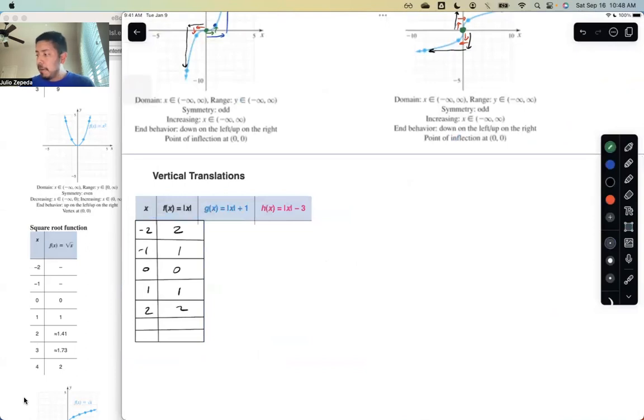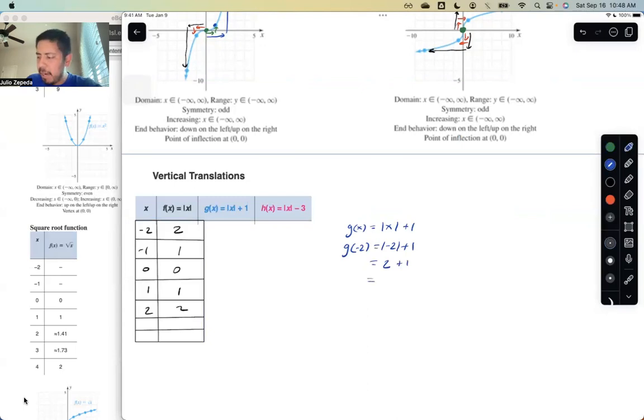Okay. Now, what about the absolute value of x plus 1? g of x is defined to be the absolute value of x plus 1. So if we plug in -2, what will we get? -2 in absolute value plus 1. We still take the absolute value of -2 to get 2, and then we add 1 to that.